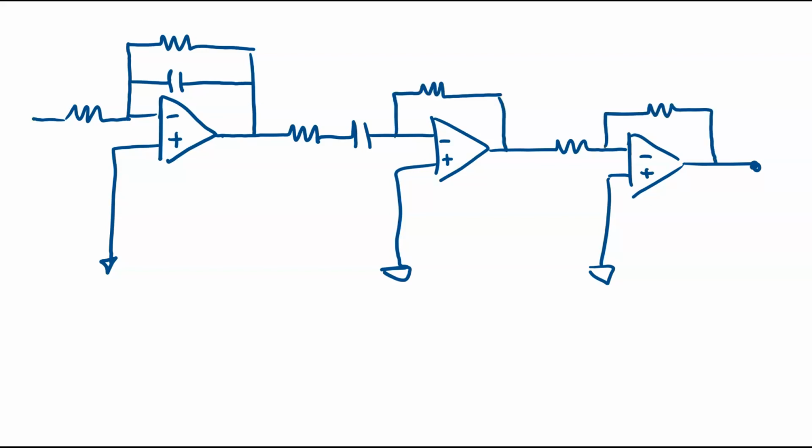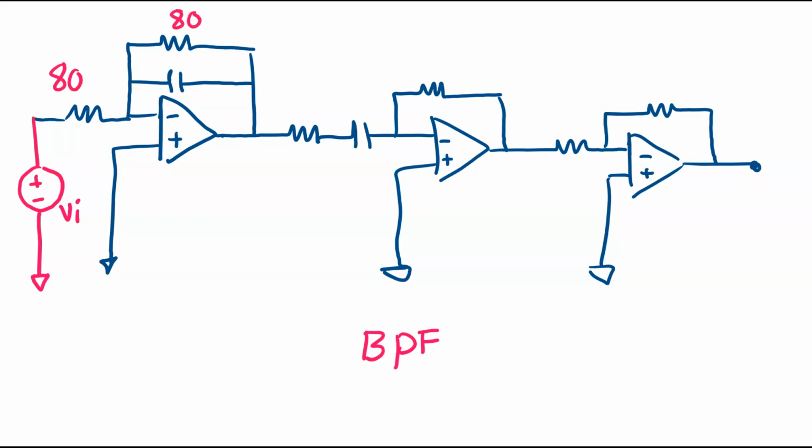So this is going to be my bandpass filter circuit, in which the input voltage will be applied here. So here I have my VI, and the first circuit is going to be my low pass filter, and I know that the resistor of low pass filter should be equal to 80. So here I have 80 and here I have 80 as well.